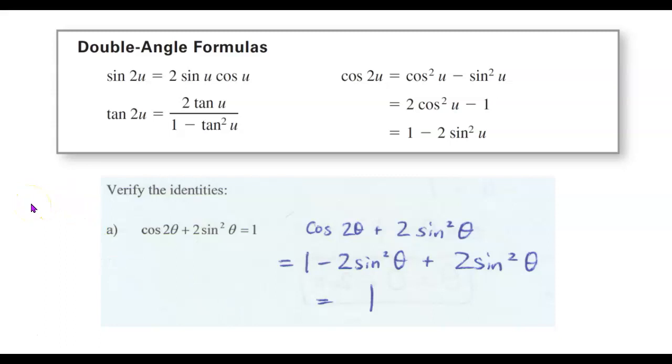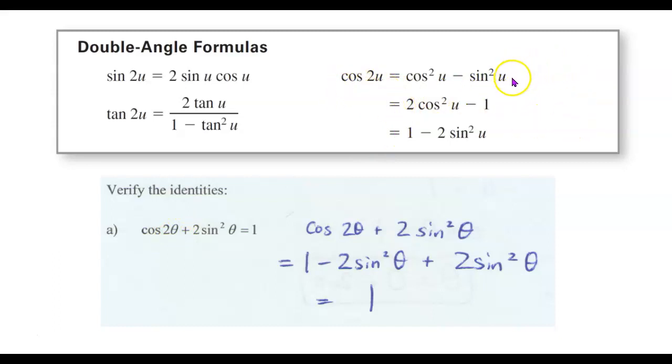Now let's verify some identities with the help of these double angle formulas. Remember how when you are verifying a trigonometric identity, the way that works is you start with the expression on one side and you change it one step at a time to try to end up with the expression on the other side. So here, if I start with the expression on the left, I can change that by replacing the cosine of 2 theta with what it's equal to.